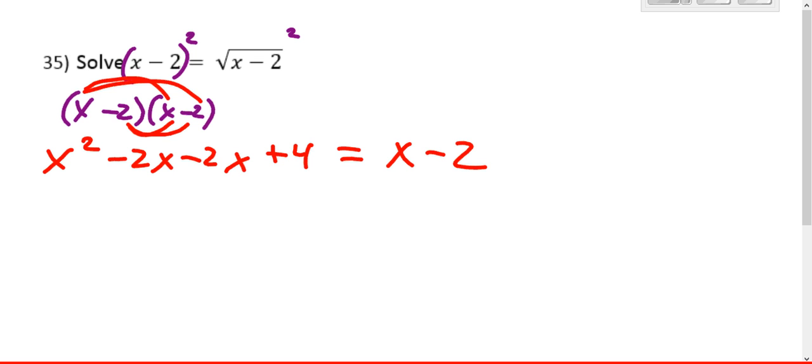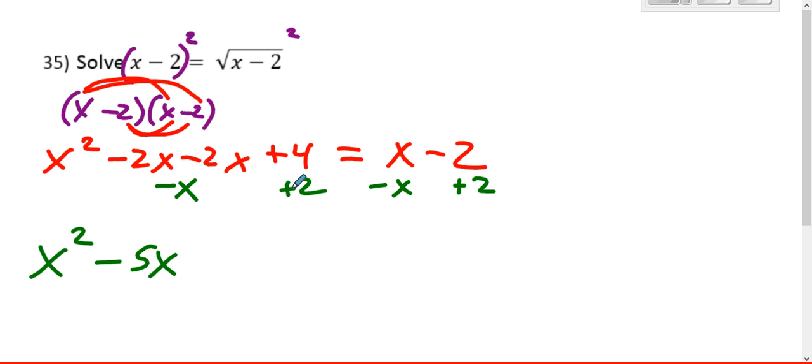Now to solve this, we need everything on one side, so let's get everything to the left. Negative 2, negative 2, and negative 1 makes negative 5x, and then 4 plus 2 is 6. So to solve this, we can factor two numbers that multiply to be positive 6 and add to be negative 5.